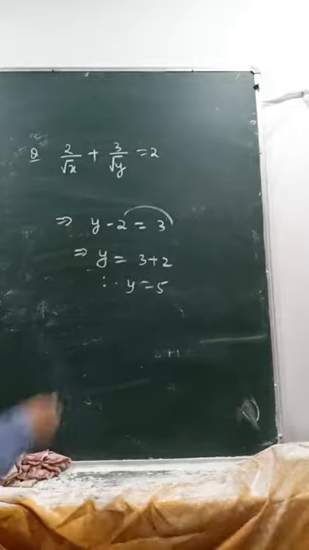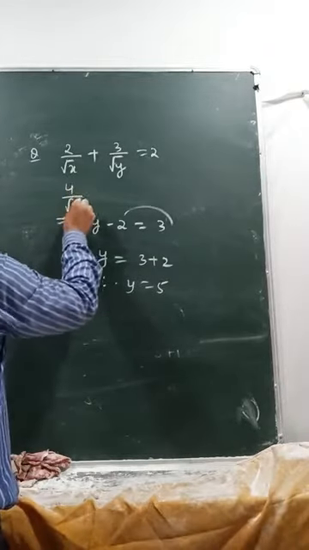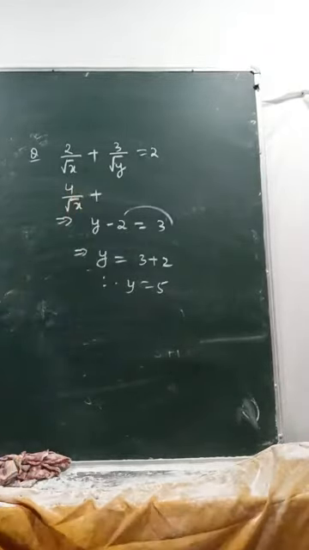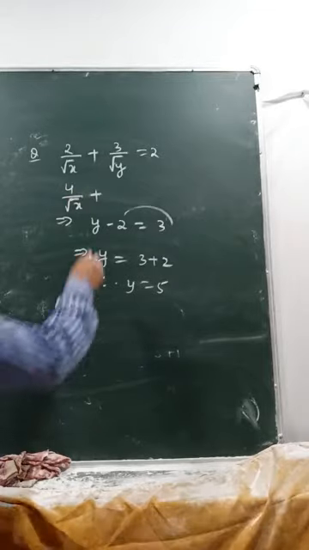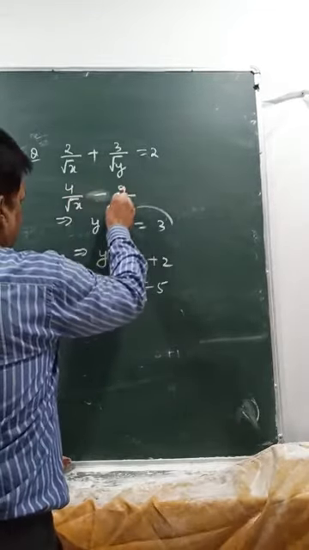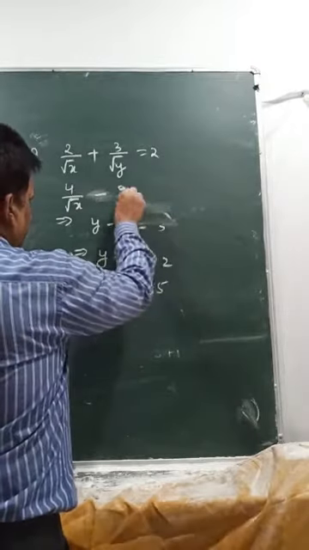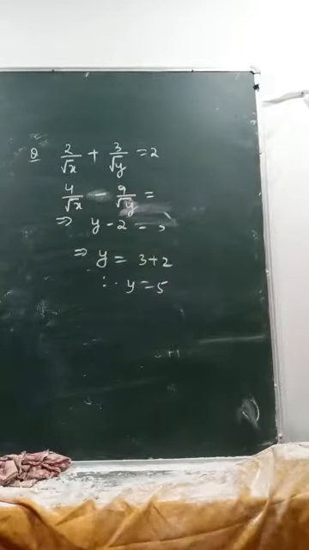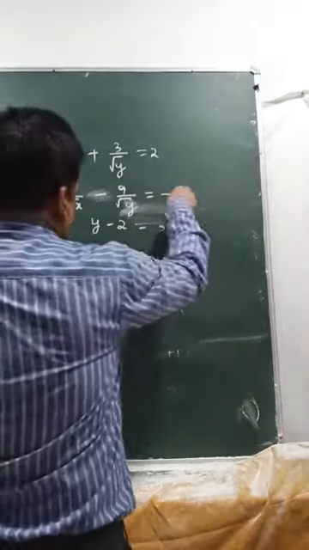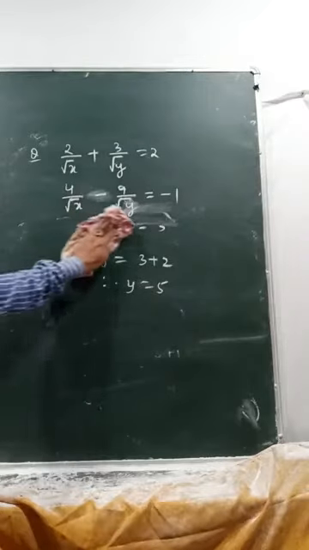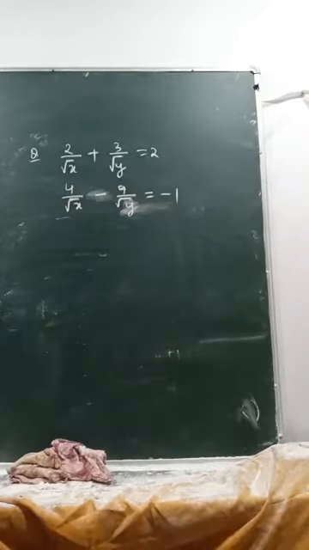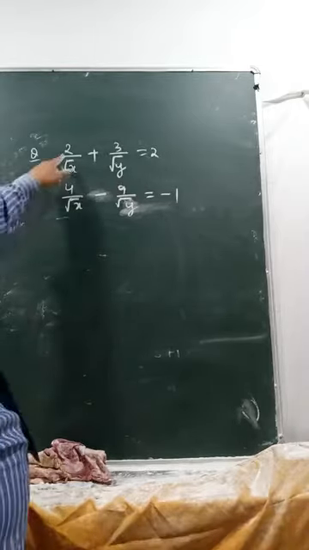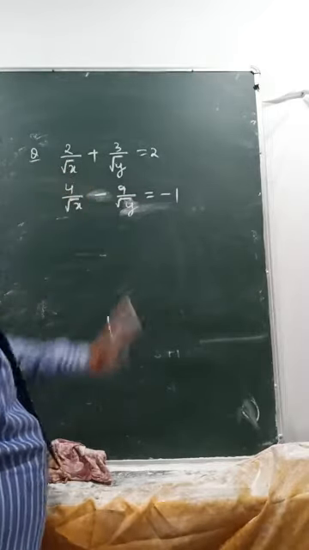Then 4 by root x, not plus, minus 9 by root y equals minus 1. Okay, now guess what substitution you have to take here. Just look at this question for 1 minute. This pattern of question, what to do now?